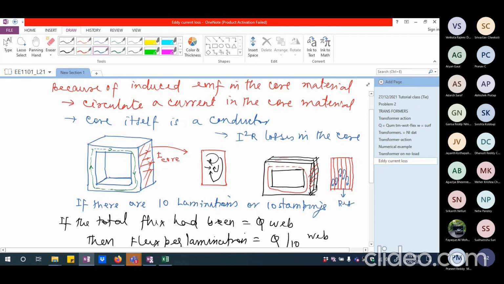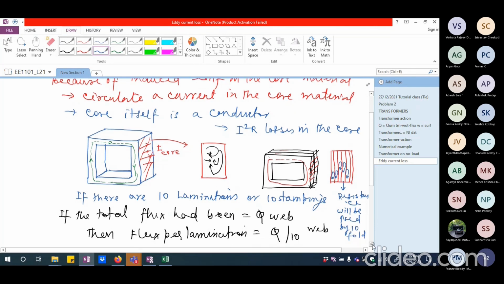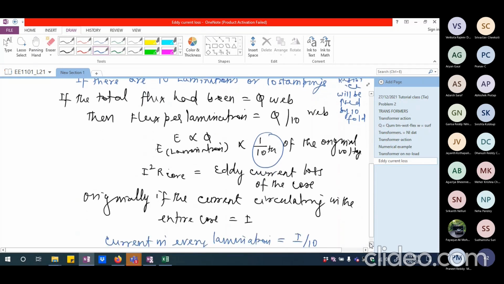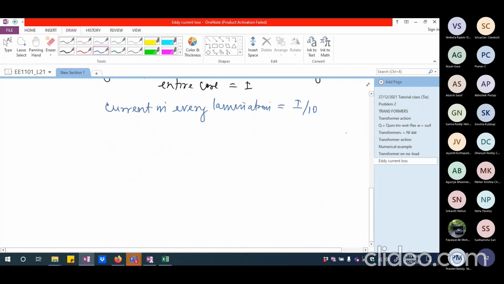So the resistance will be increased because the cross-sectional area through which the current is flowing has also decreased. So you're going to see that the resistance will be increased by a factor of 10. So 10-fold it is going to increase. So you're going to see that the current in every lamination has now decreased by a factor of 10.